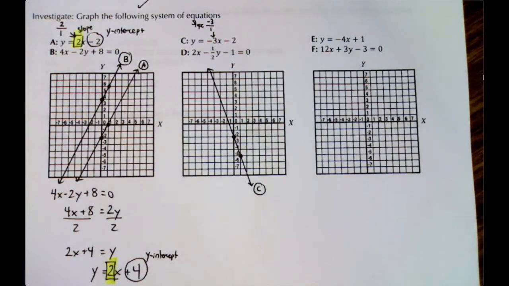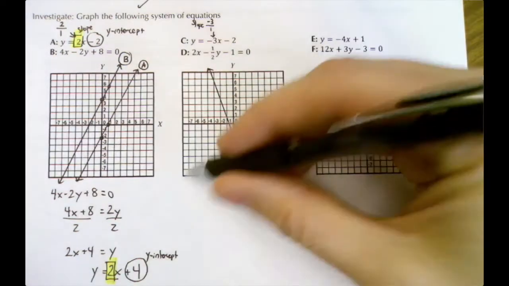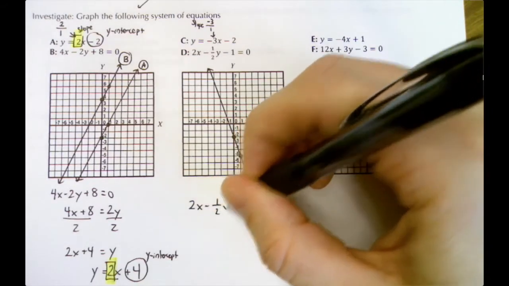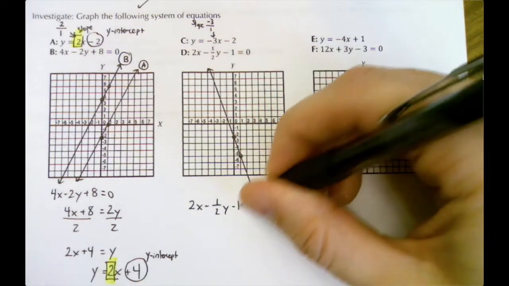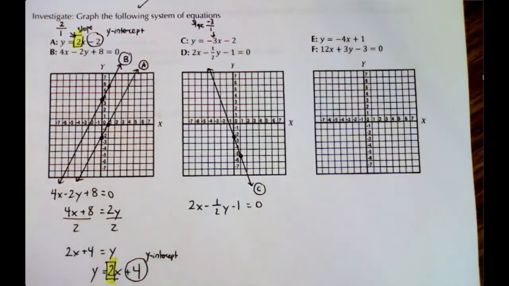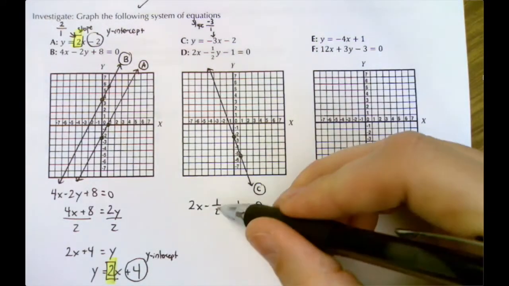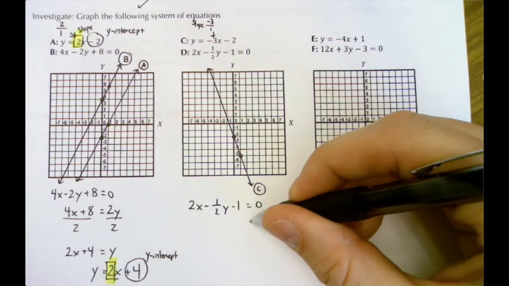Line D is going to be a little bit trickier, because again, it's not in y equals mx plus b form. So we need to take our equation, 2x minus half y minus 1 equals 0, and rearrange it. And again, since our y is negative, I'm going to move that term to the other side. That half you might be a little intimidated by. Don't worry about it.